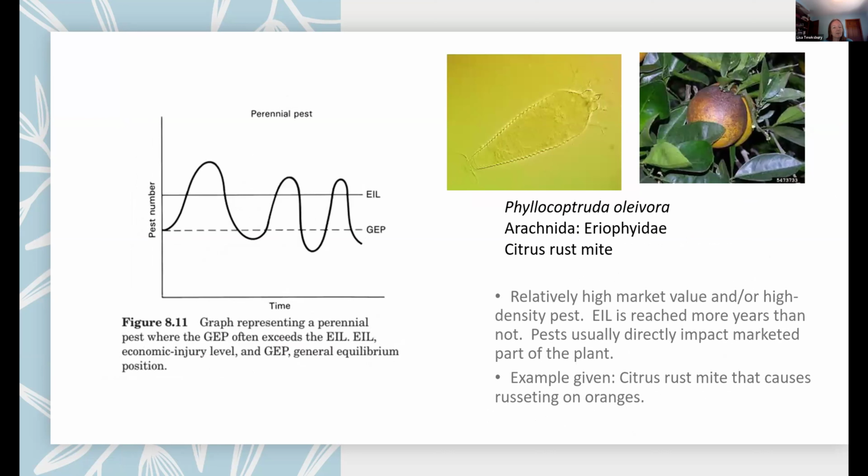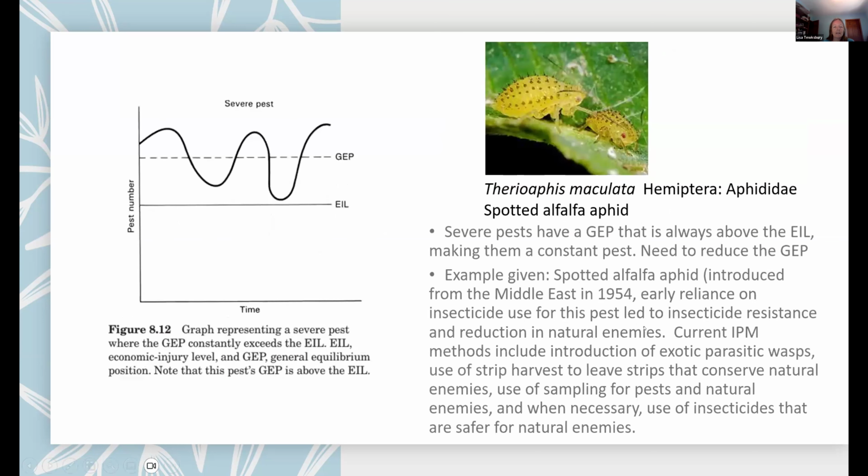We don't deal with citrus too much, but this one often exceeds the threshold. And so more years than not, you might need to make some kind of treatment decision. And it causes this rusting of the oranges. And then the last one is something that's always above. That's a constant pest, something you really have to keep an eye on.